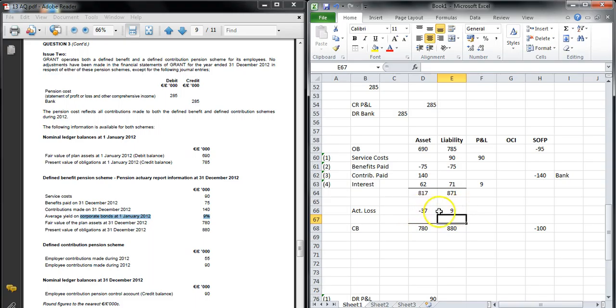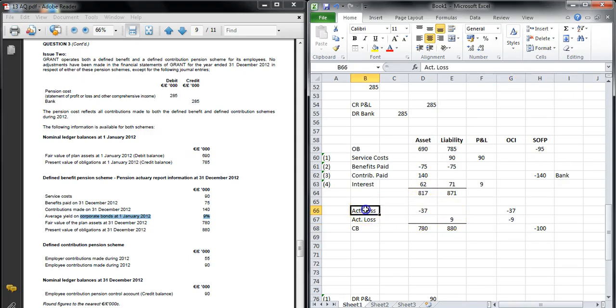So while they're two separate different signs, they both mean the same thing. It's also an actuarial loss, because you're increasing the liability and decreasing the asset. So both of these have the net effect of being a loss to the OCI, minus 37, minus 9, because you are decreasing an asset and increasing a liability.